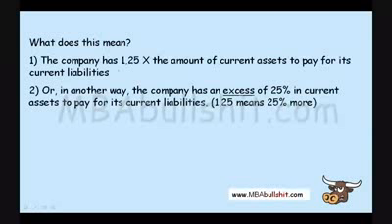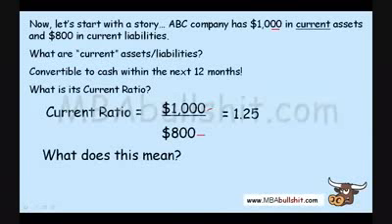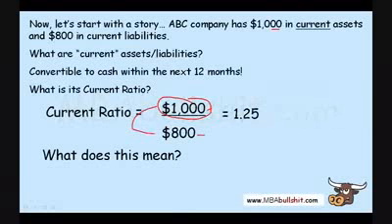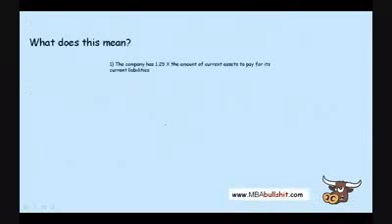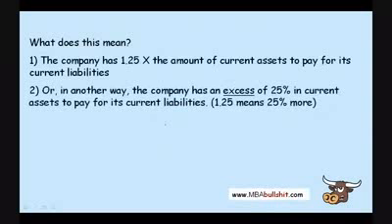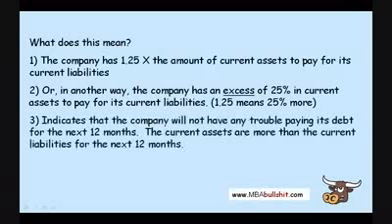It has more than enough current assets to pay for its current liabilities, as you can see here. Current assets pay for the current liabilities over here, and they have an excess of 25%. So they have 25% more in current assets to pay for its current liabilities.